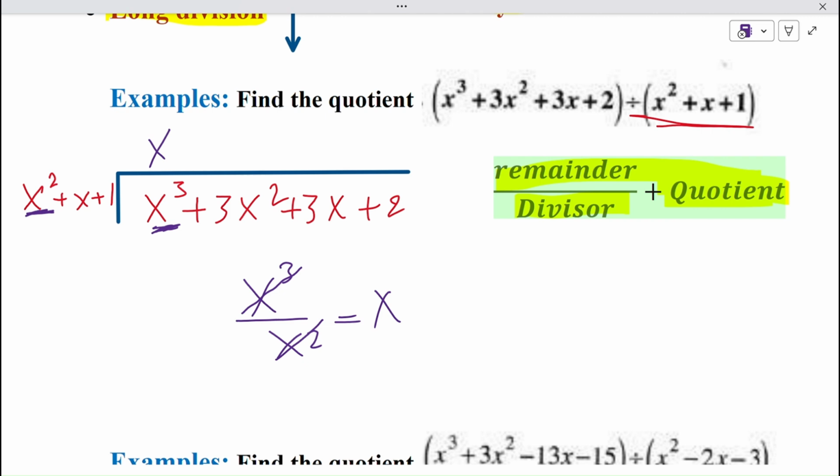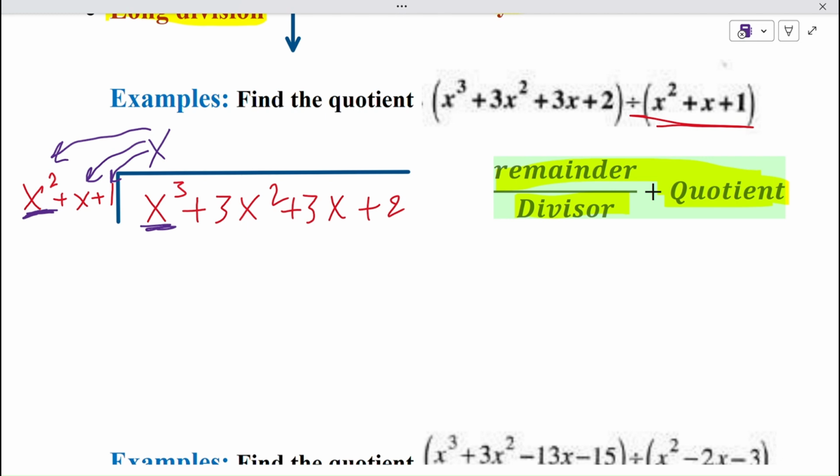Write x here. Okay. At the first, just divide the first term of this polynomial by the first term of this one. Then multiply this one by each term of this polynomial.